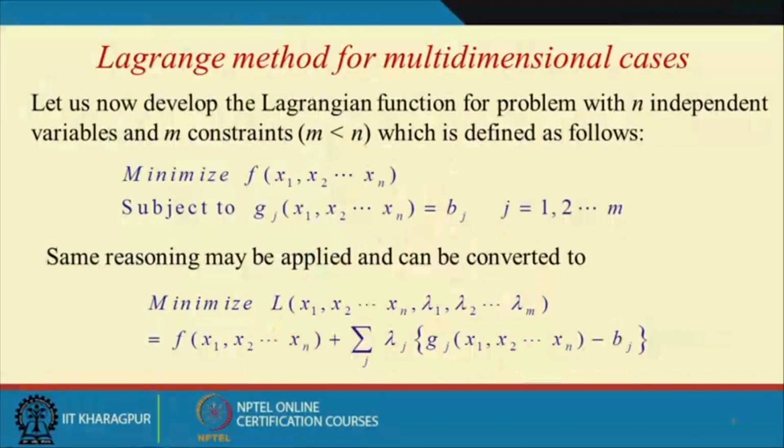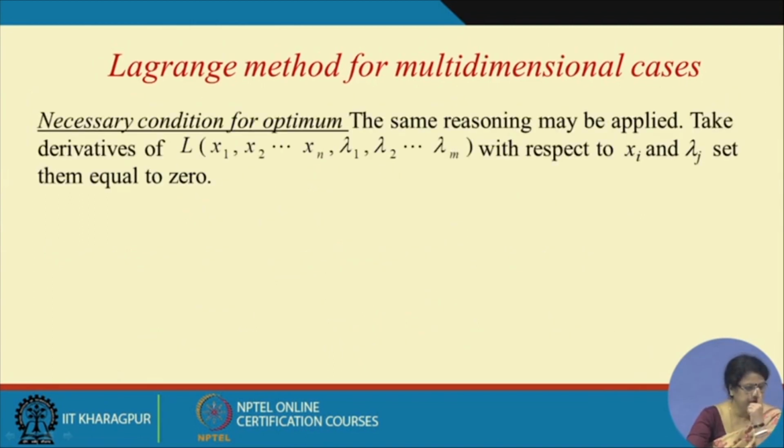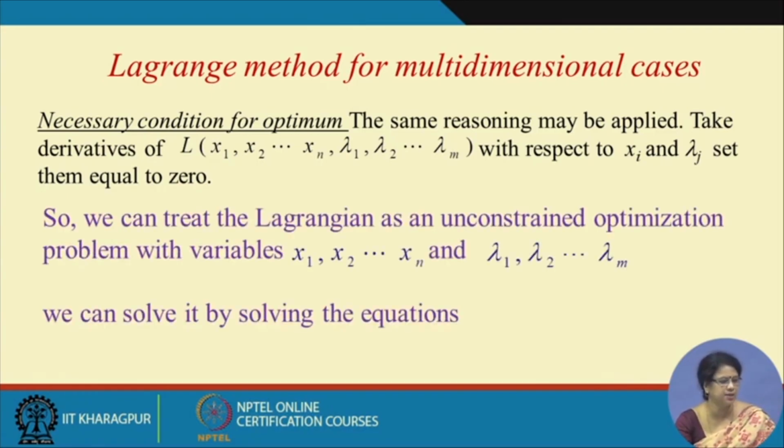Let us do minimization of L with m plus n variables. That is all; there is no other change, only we have considered the summation of all lambda j times g j minus b j. Here also we can say the same thing: the necessary condition is that grad of L must be equal to 0. From there we will get the necessary conditions.